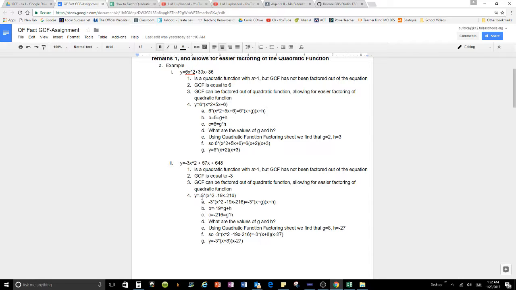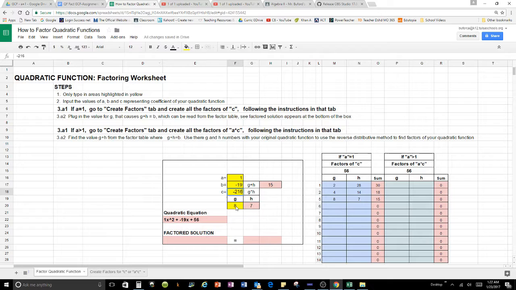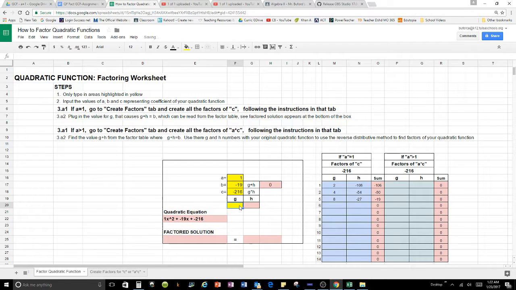In this case, we don't have to worry about the minus 3, because once we find our solution, we're just going to multiply everything by the minus 3. Okay, so let's erase this. We're looking for factors of minus 216 such that g times h equals minus 216, and the sum of g and h is minus 19.